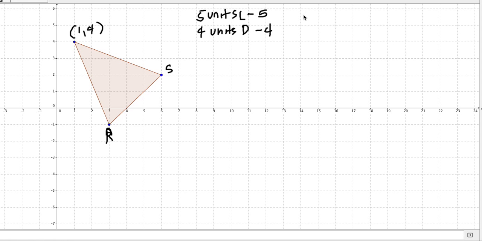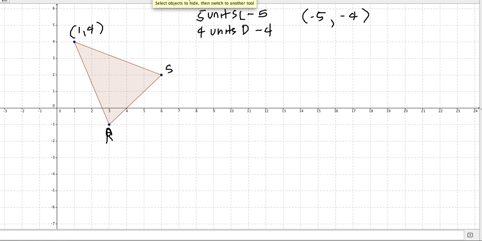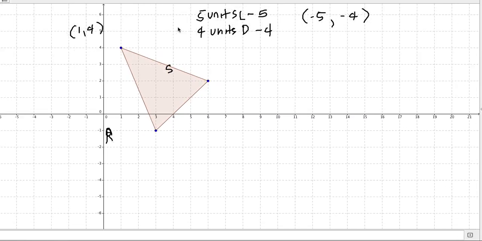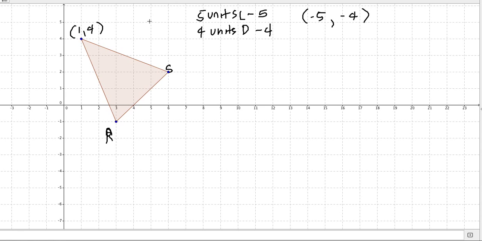So basically we subtract 5 from our x coordinate and we subtract 4 from our y coordinate. Or we can just move it 5 units to the left and 4 units down.